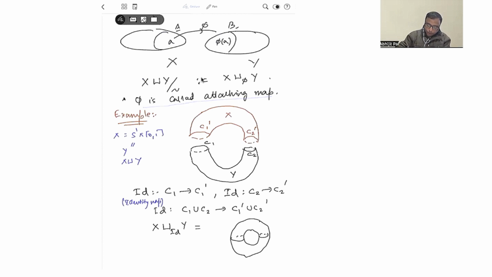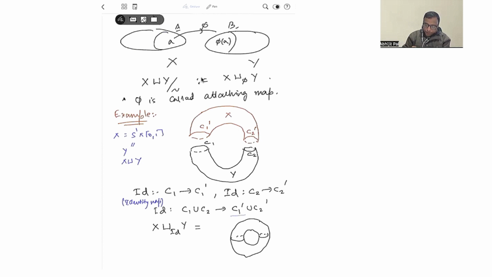For example, if I take X to be a cylinder and Y also a copy of the cylinder, you can take A to be C1 union C2 and B to be C1 prime union C2 prime.